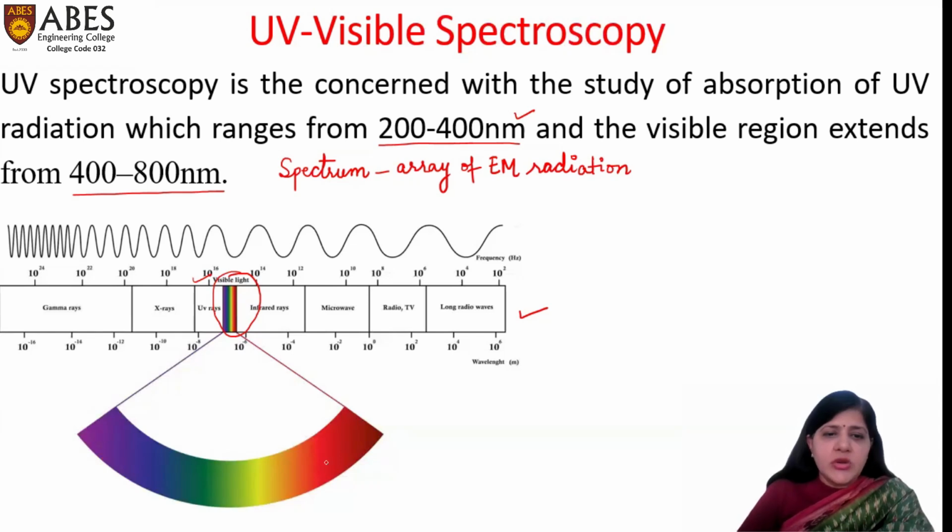So in UV visible spectroscopy, we are concerned with radiation from 200 nanometer to 800 nanometer.